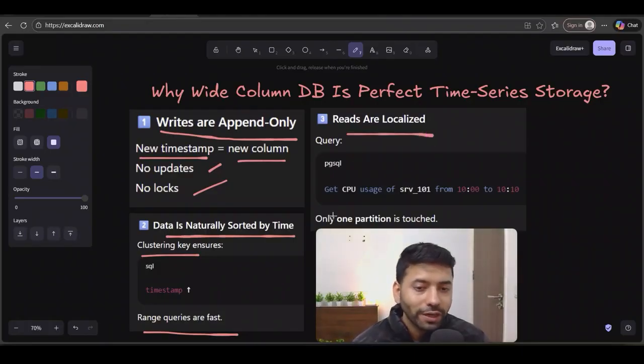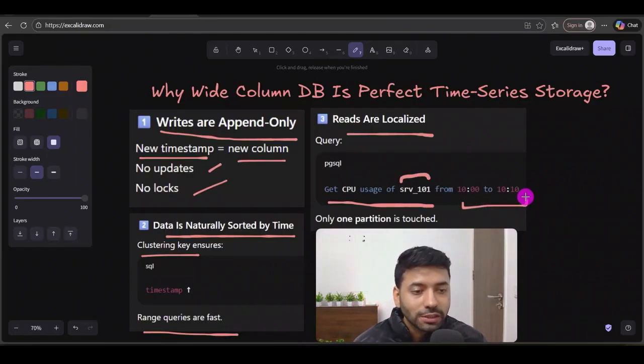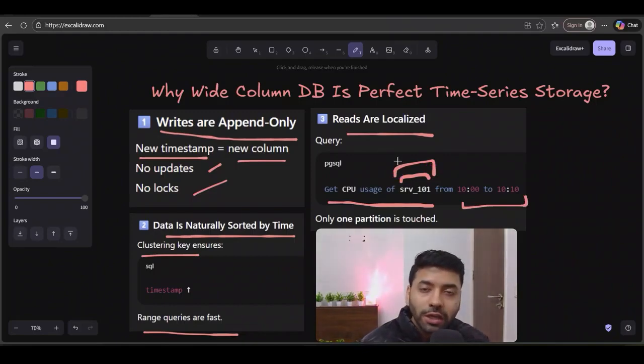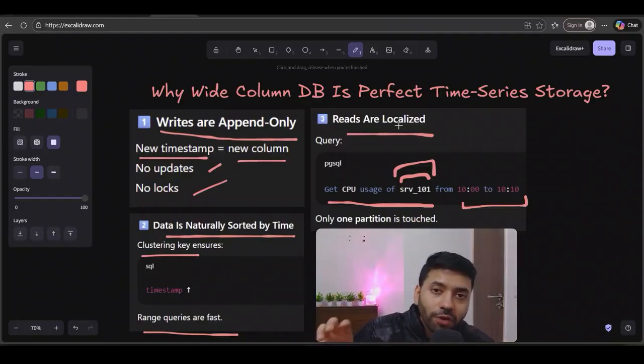We will have a query like this: get CPU usage of server 101, this is our row key, from this time to this time. Because we mention the row key and data corresponding to one row key is present in one server only, only one partition is touched, and that's why we say reads are localized. You do not need to pick data from multiple partitions, you just pick the data from one partition.